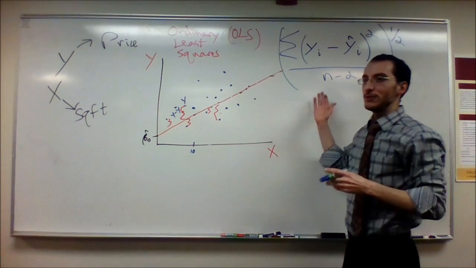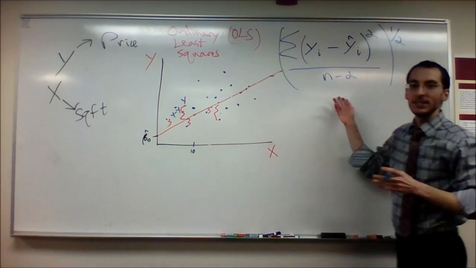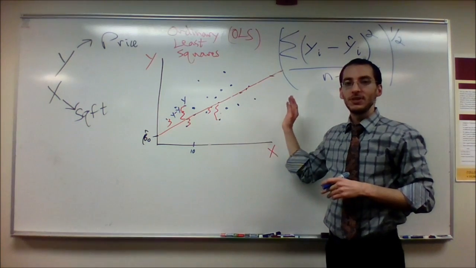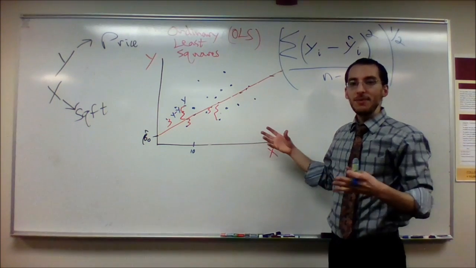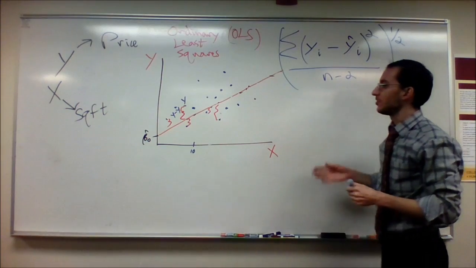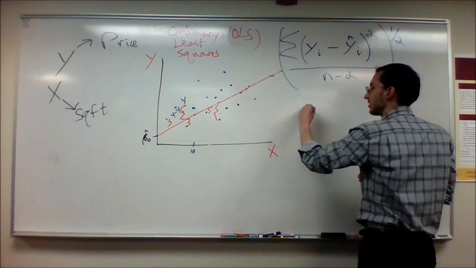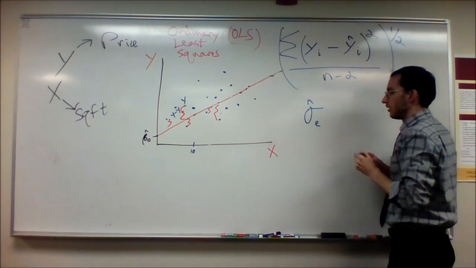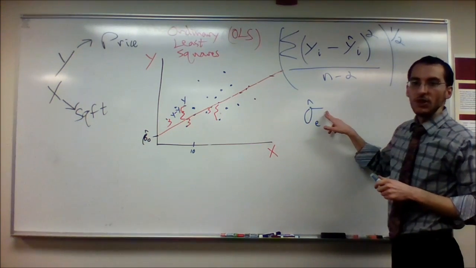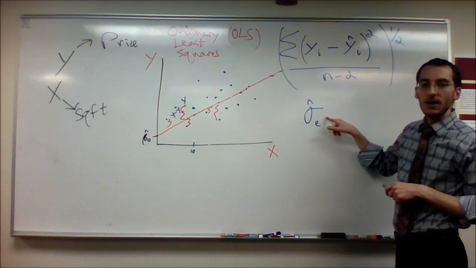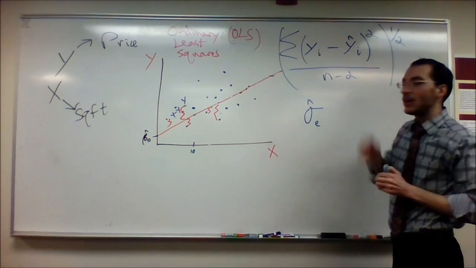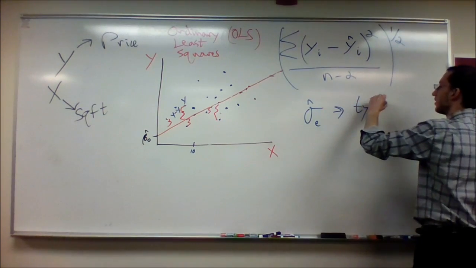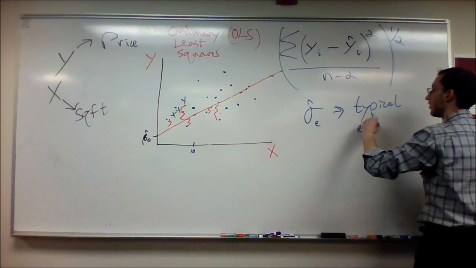You will never have to do this by hand. You'll never have to calculate this thing. All I'm saying is that you can take these residuals, square them, add them up, divide by n minus 2, and you get this beautiful thing that is notated as sigma hat e. All this is the typical error of our model.